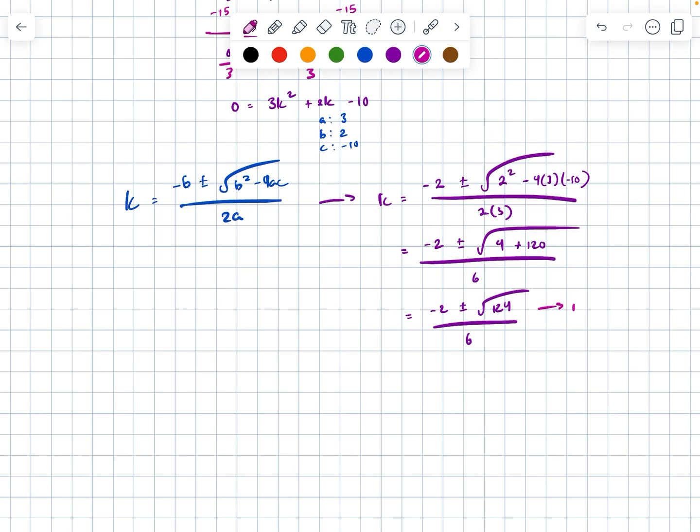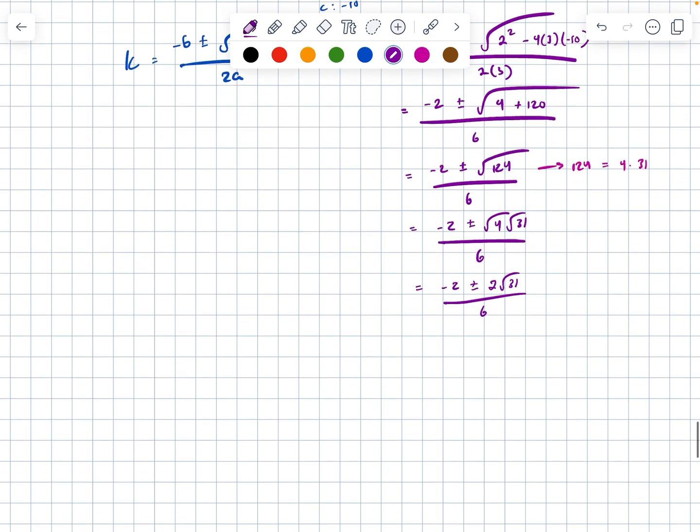Now, inside of 124, once again, I want to look for any perfect squares. Now, I know that 124 is going to be equal to 4 times something, in this case 4 times 31. So same move as before, I'm going to split this guy up. Negative 2 plus or minus the square root of 4 times the square root of 31, using my properties of radicals, which is going to reduce to negative 2 plus or minus 2 root 31 all over 6.